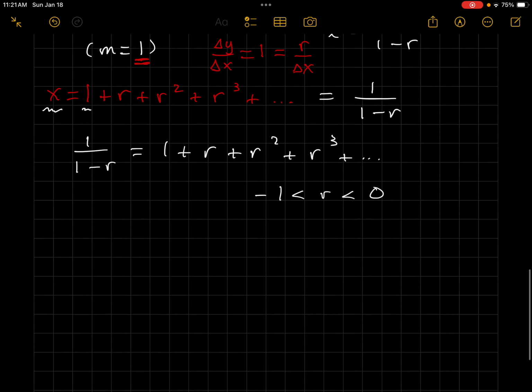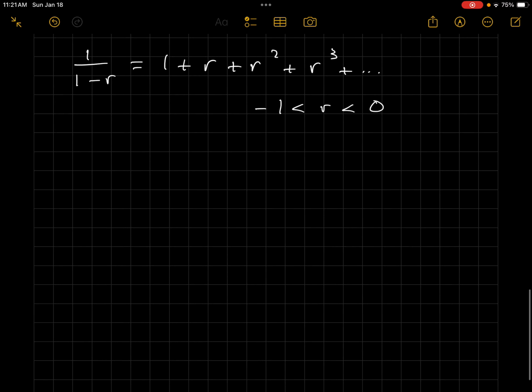But here's the thing that I want to talk about before I stop. What if I think of these as functions? Let my function f of x equal 1 over 1 minus x. We call this a closed form function. Basically, I can plug in any x value and get an answer.